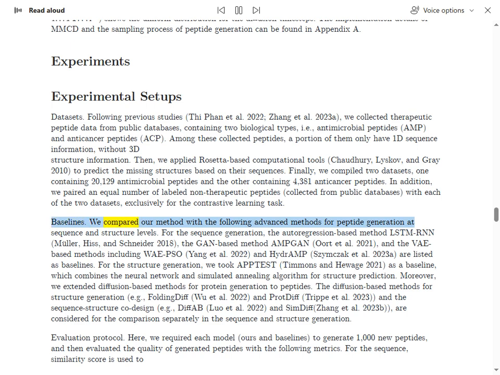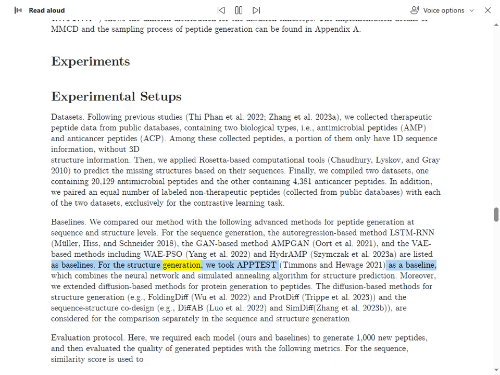Baselines. We compared our method with the following advanced methods for peptide generation at sequence and structure levels. For the sequence generation, the autoregression-based method LSD-RNN, Müller, Hiss, and Schneider 2018, the GAN-based method AMPGAN, and the VAE-based methods including WAPSO and HydrAMP are listed as baselines.